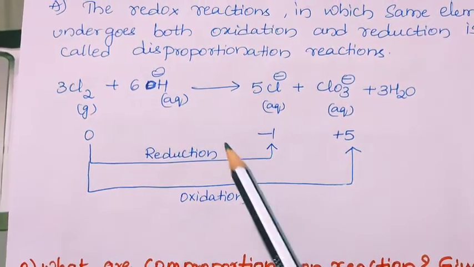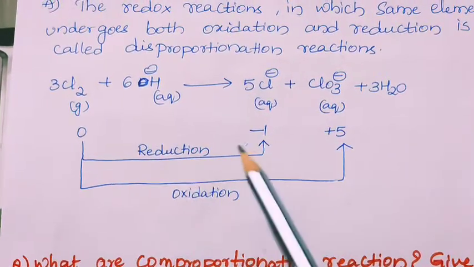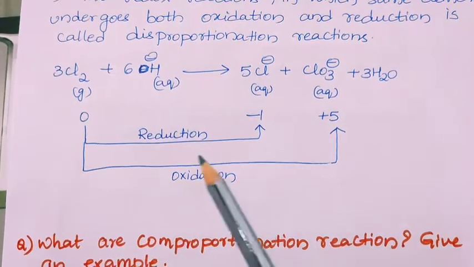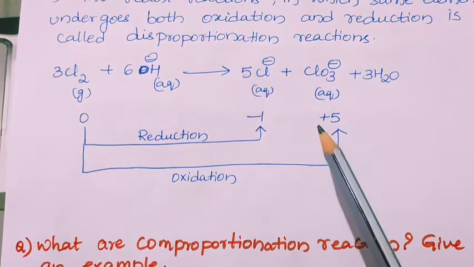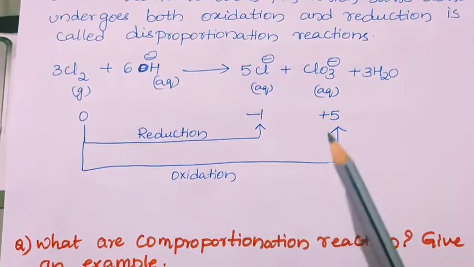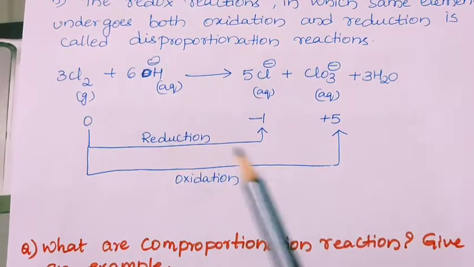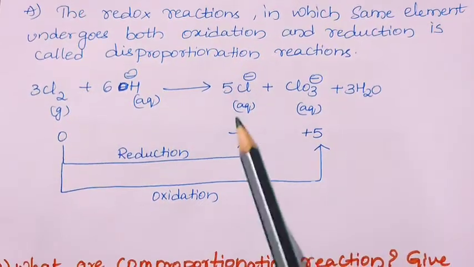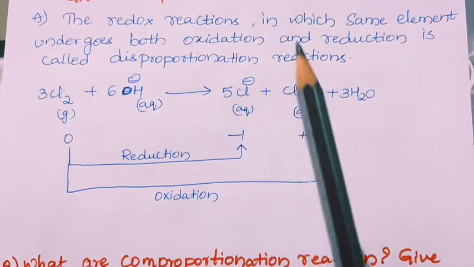A decrease in the oxidation number is reduction, it is getting reduced. Next, the same chlorine is undergoing oxidation. Here the oxidation state is increasing from 0 to +5. So it is oxidation. Within the same reaction, the same element is undergoing reduction and also oxidation. So this is called a disproportionation reaction.